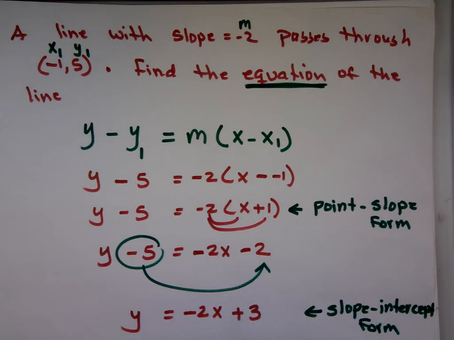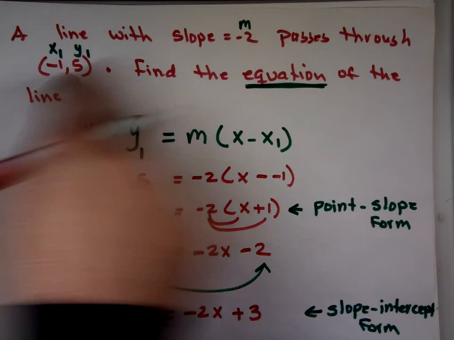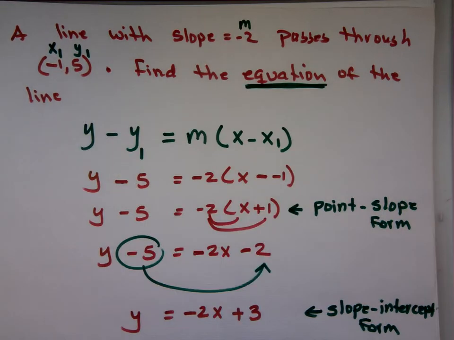Here's the problem. A lot of times they're not going to be that nice to you, which means they're not going to give you the point and the slope. So I'll be a mean guy and I'll give you this problem.